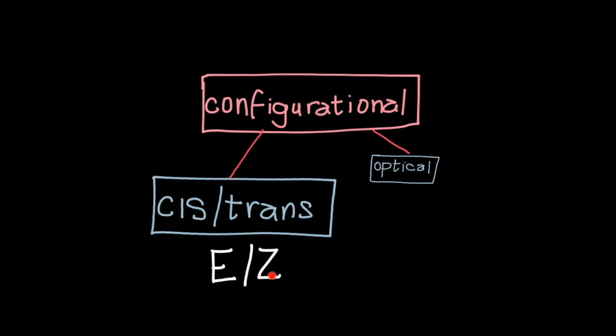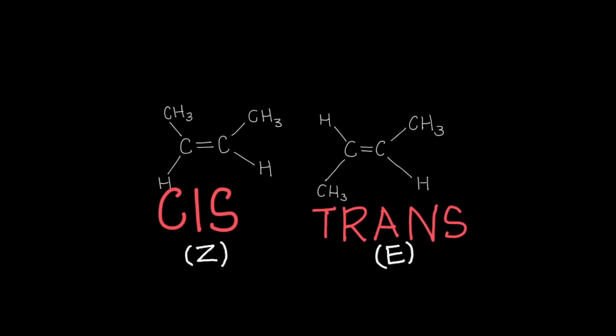EZ isomerism. Here in cis-trans isomerism, it's easy to see why this form, the cis form, gets its name, and why this, the trans or the E form, gets its name. If we placed an imaginary line through each molecule like this, then we observe that the two groups with the higher molecular mass are both located on this side of the molecule.